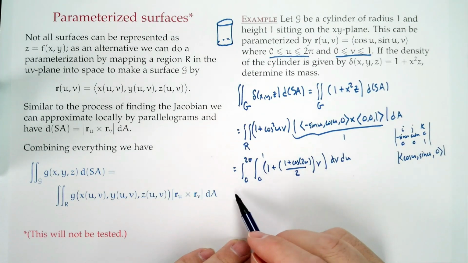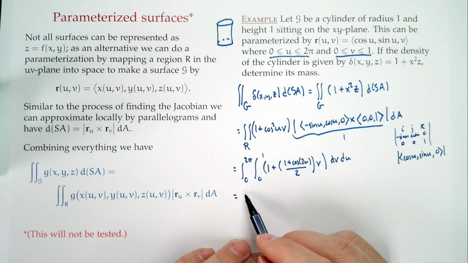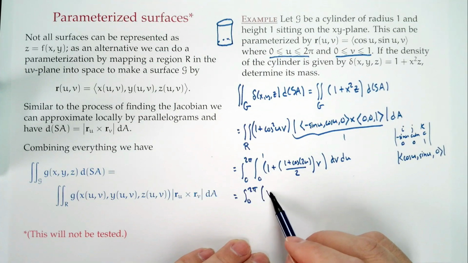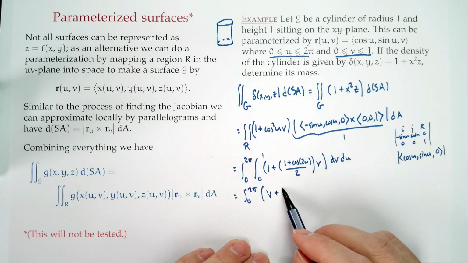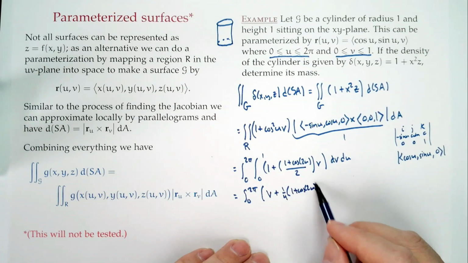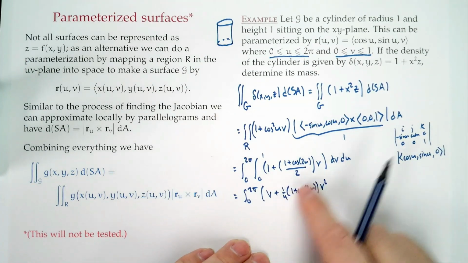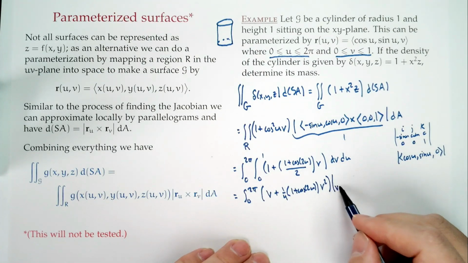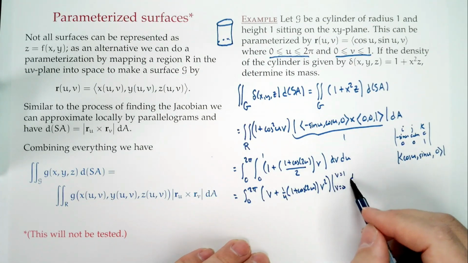So if we integrate that, we get the integral 0 to 2 pi, and here we'll get v plus 1/4, 1 plus cosine of 2u times v squared, because there's a half, and then v squared over 2. And we evaluate from v equals 0 to v equals 1.